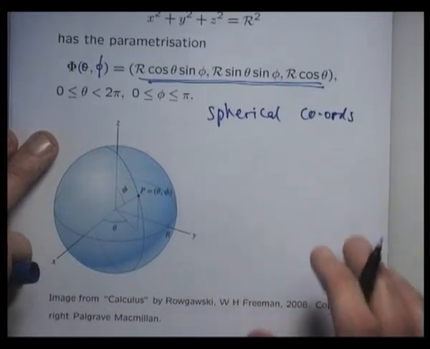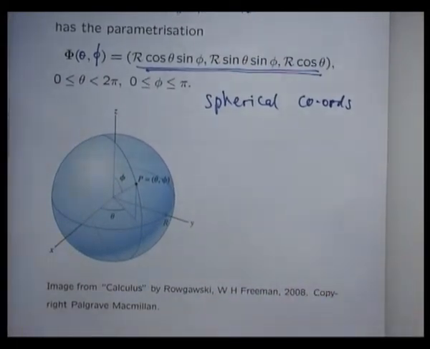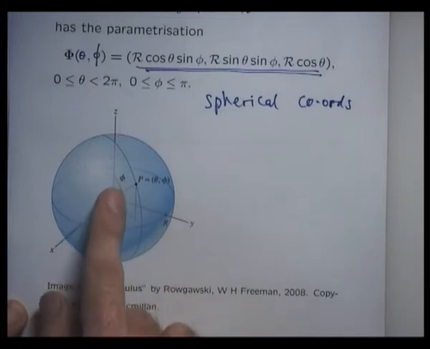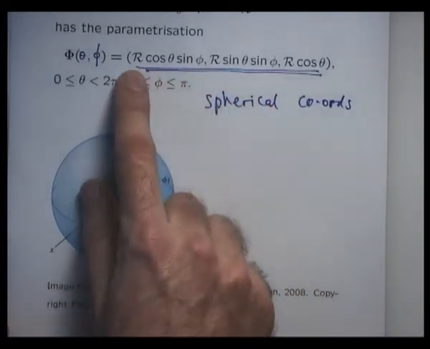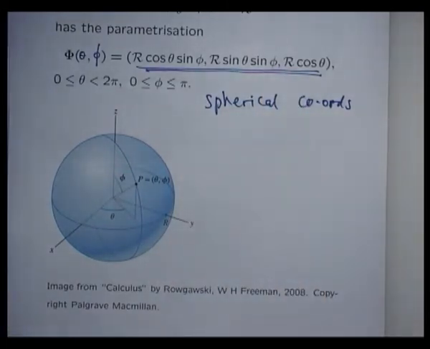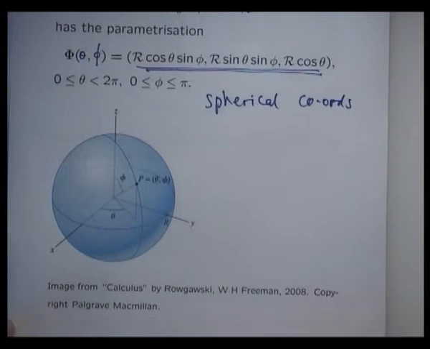Now remember in spherical coordinates, you've got two angles and a length. One of these angles sits in the xy plane. The other angle measures how far you come down from the positive z axis. But because we think of this R in this example to be fixed, there's only two variables here.